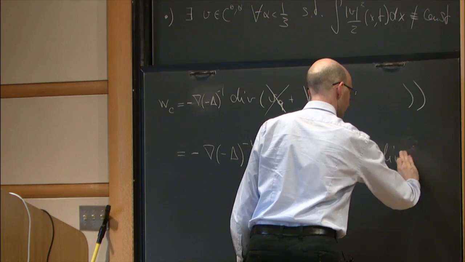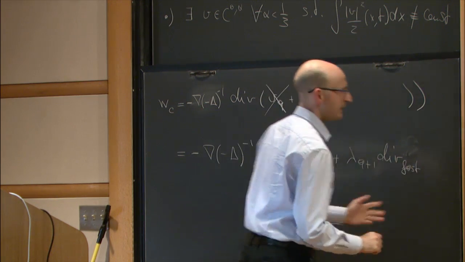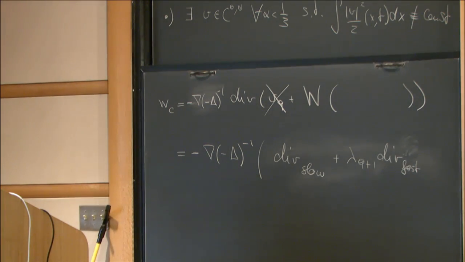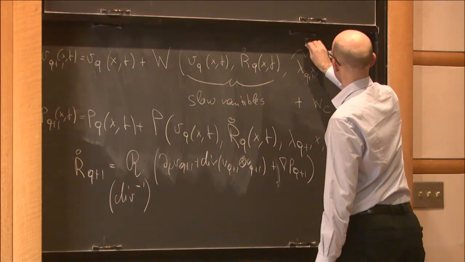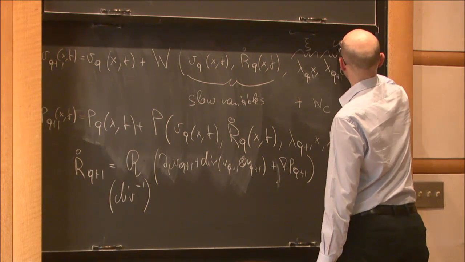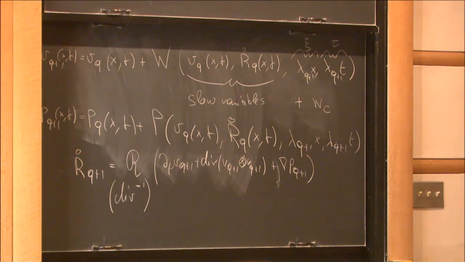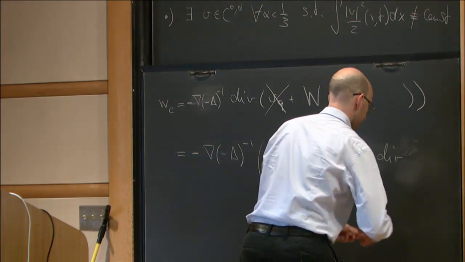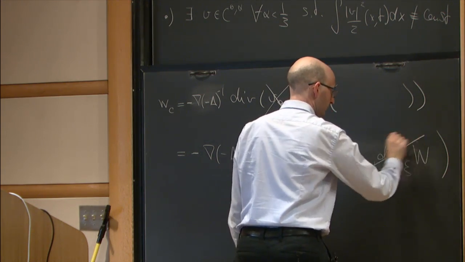Let me call this the fast variable. Or maybe for the fast variables, let me introduce a letter. So let me say the fast variable is psi, and the fast variable time is tau. So here I will have divergence psi of w equal to 0. This I want to kill.